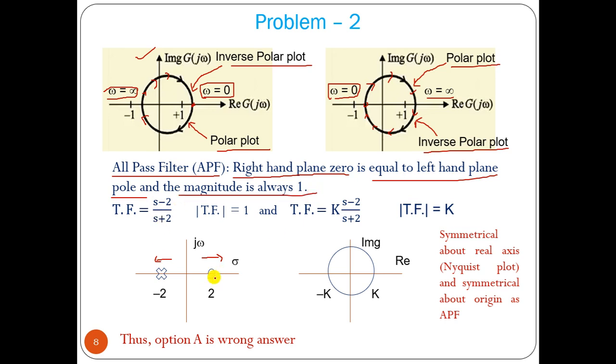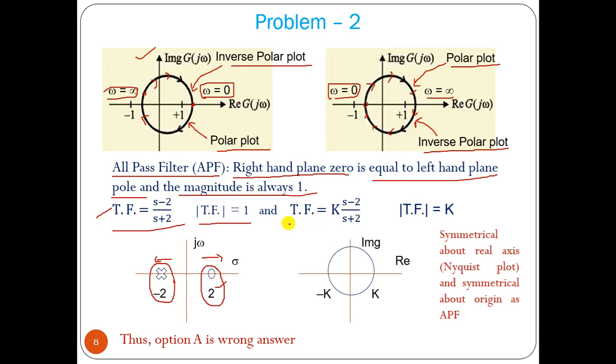That means if this is your zero on the right half plane, the pole should have the same value in the left half plane. One example, s minus 2 by s plus 2, then the magnitude of the transfer function will be equal to 1. If we put s equal to j omega and take magnitude, it will be always 1.